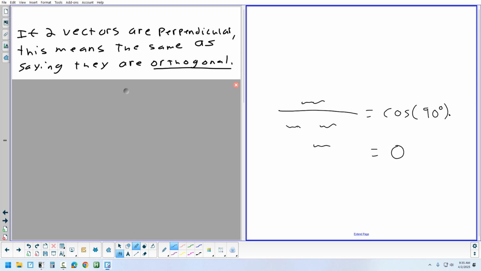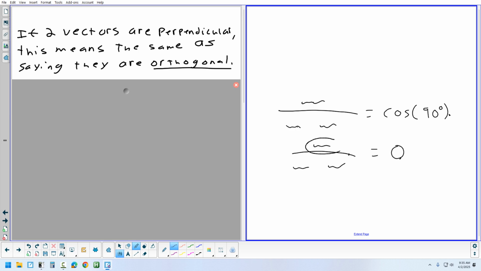That's going to equal something on the left. What's the only way that a fraction can ever come out to 0? If 0 is in the numerator.